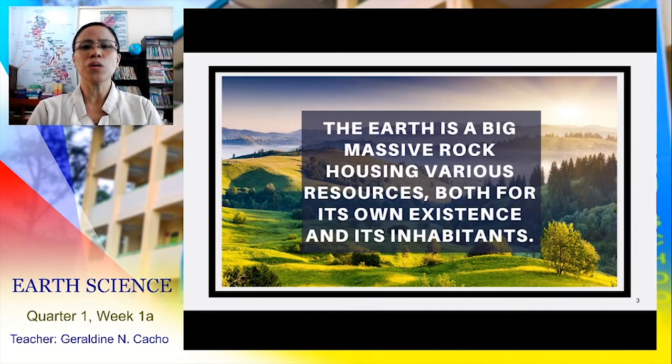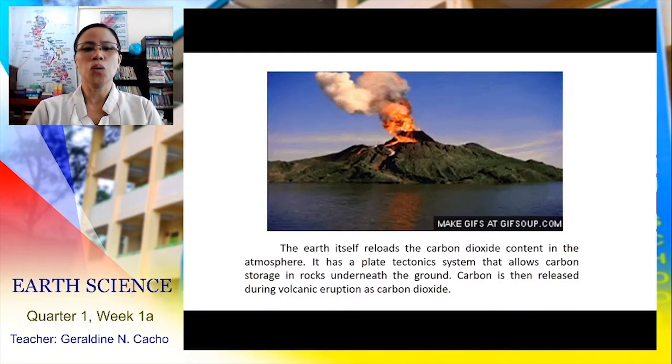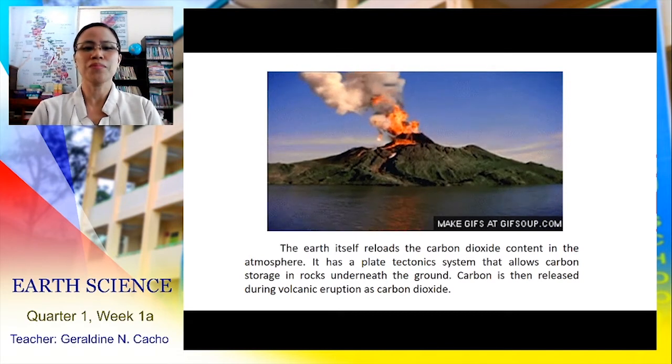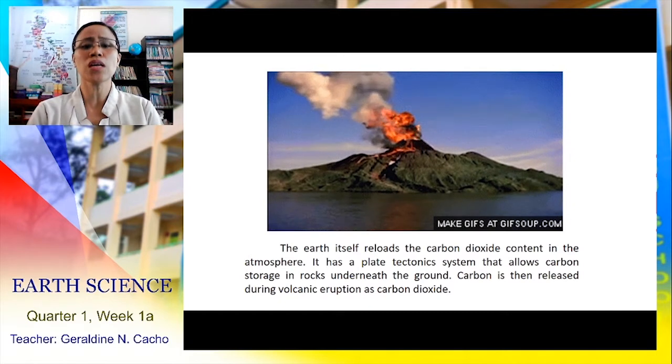Next, we have the Earth containing a lot of materials for its own existence and its inhabitants. Do you have any reasons in mind? Whoa, look at that. The Earth itself reloads the carbon dioxide content in the atmosphere.